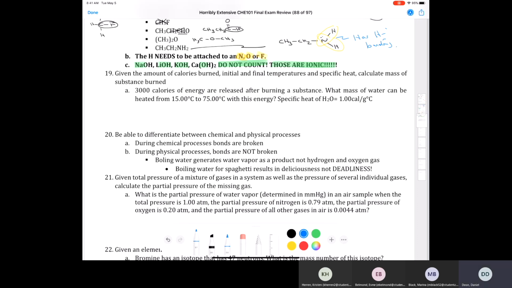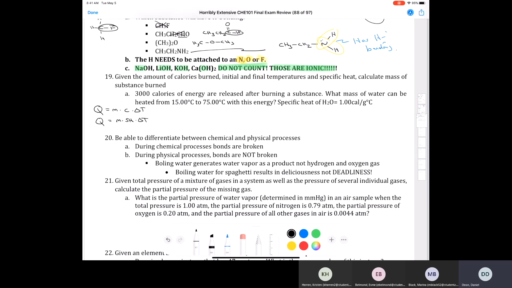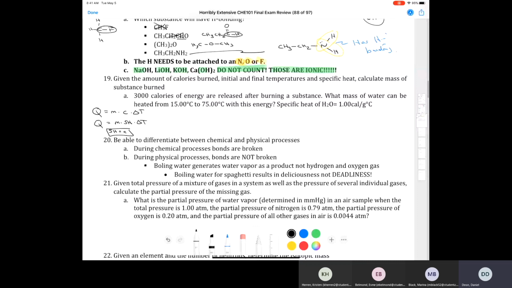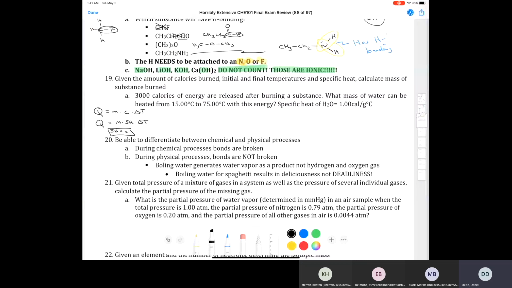So for the heat released in calorimetry, we use the formula Q is equal to M times C, which is specific heat, delta T. I think our book uses Q is equal to M times SH times delta T. So what that means is that SH is specific heat, which is the same thing as C. They're identical. The reason I like this version of it is because my students seem to find it easier to remember because it kind of looks like Q is equal to MCAT, and the MCAT is an exam to get into medical school. Anyhow, let's use this one here.